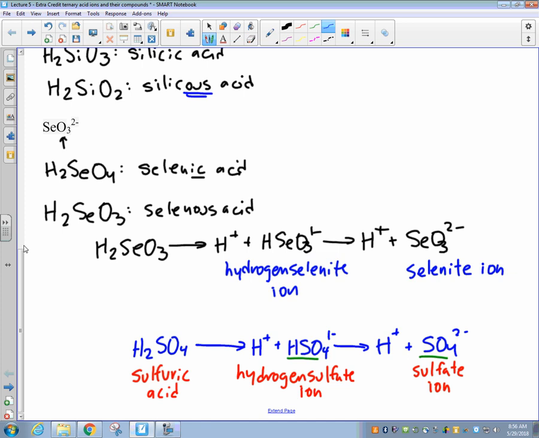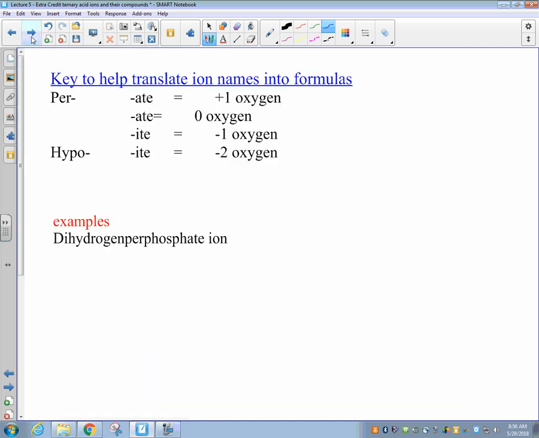All right, so at this point we essentially have naming conventions now for deriving the name of ions from the dissociation of ternary acids. Let's go ahead and have a look, going the opposite direction here. This is just a general key again for translating the ion names into formulas. If you have a prefix per and the suffix ate, that ion must have one more oxygen than the ion derived from the ternary acid, which we would consider to be the parent acid.